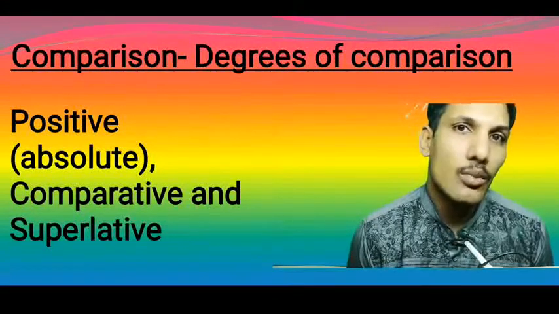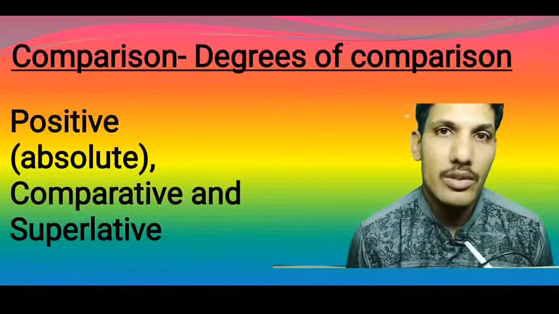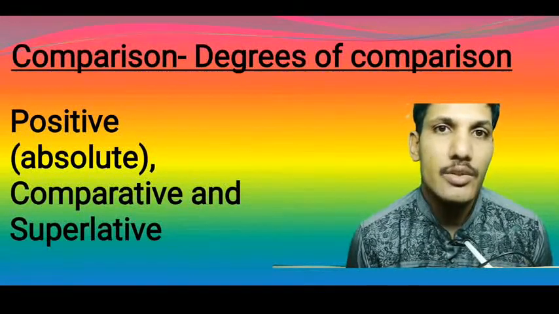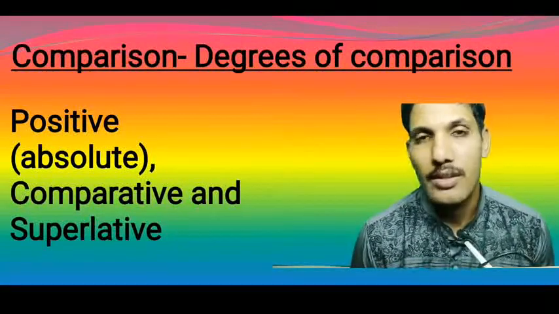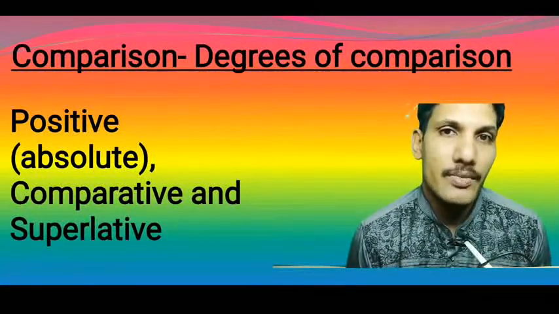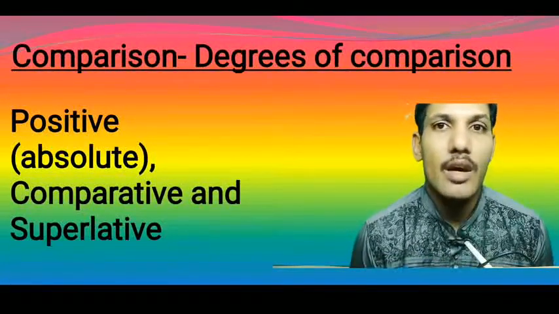Now some longer words with more syllables take more and most with the positive degree to make comparative and superlative degrees. For example, the comparative degree and superlative degree of beautiful.